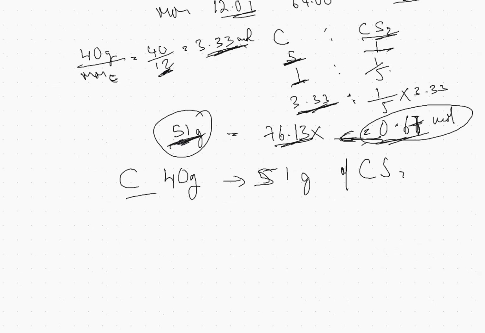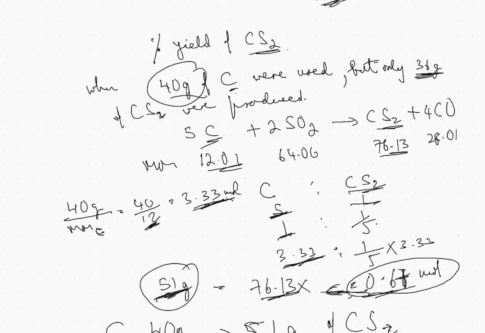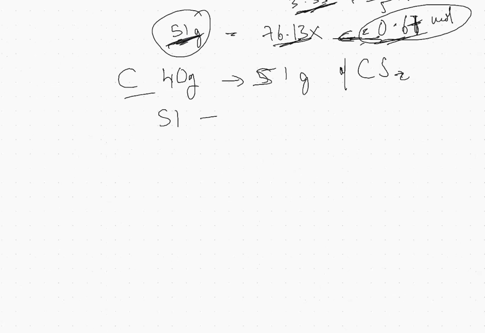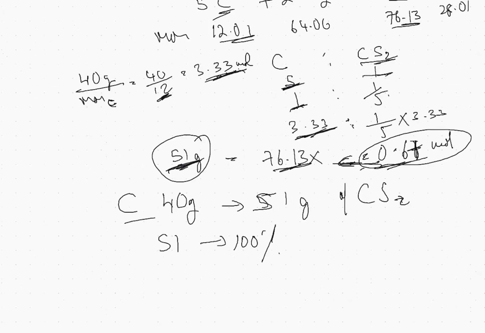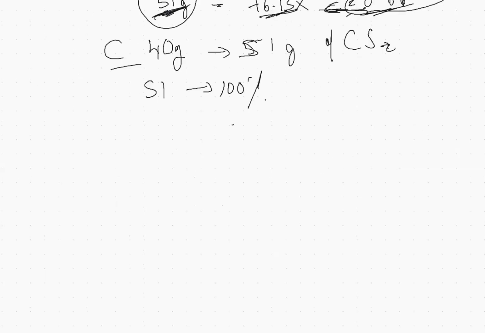51 means 100%. But we have got only 36. So 36 divided by 51 times 100, we will know the percentage yield.